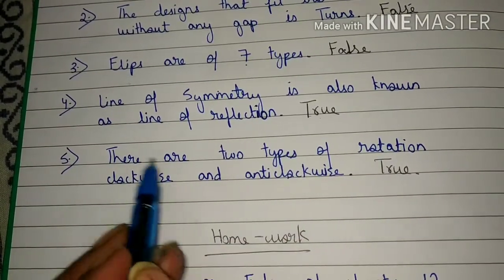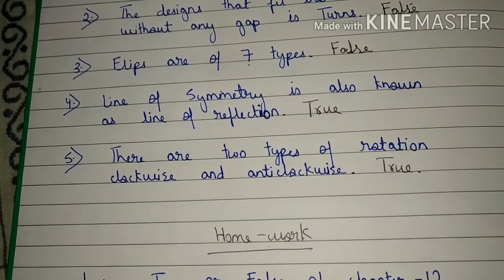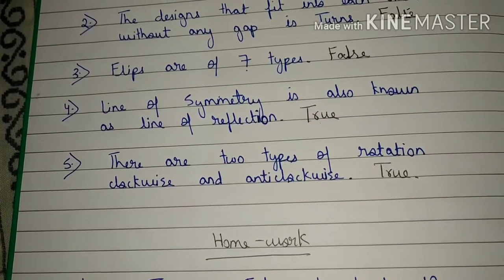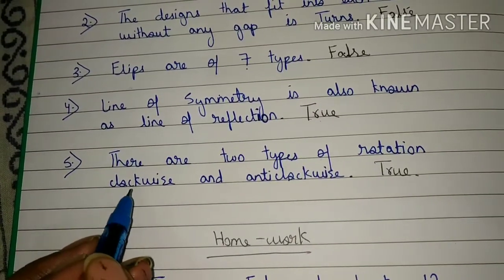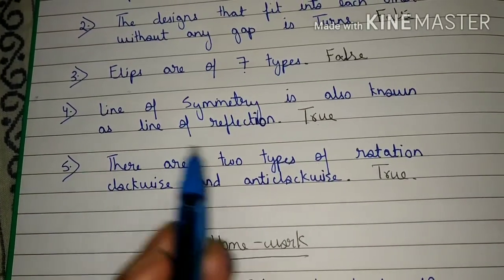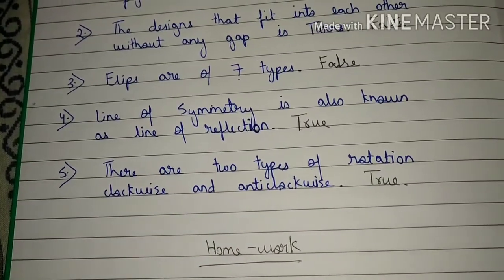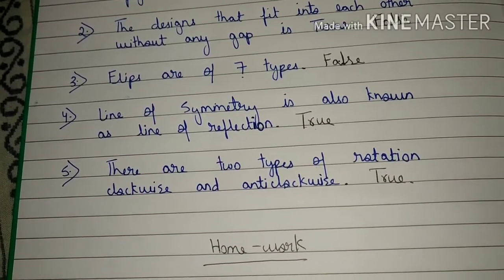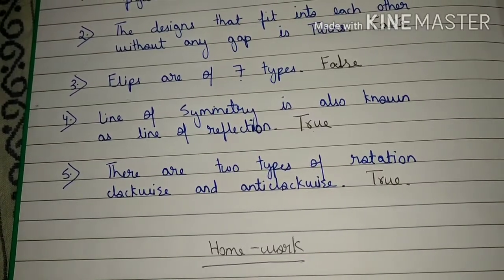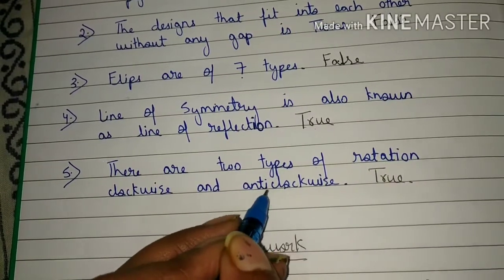Clockwise means we can rotate any figure or any shape in the same direction as the clock moves. Students, something like this. Anti-clockwise means we can rotate any figure or any shape opposite to the direction in which the clock moves. Students, something like this.